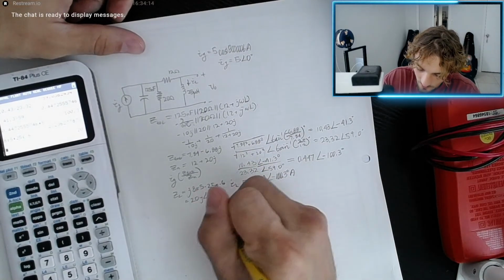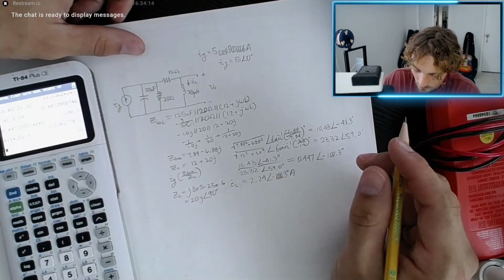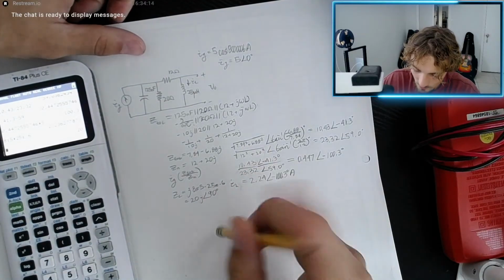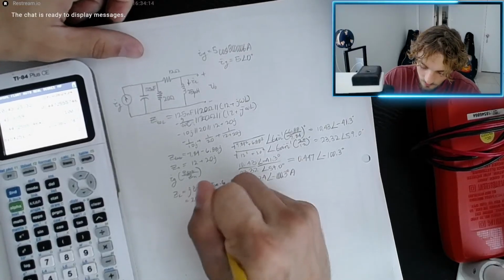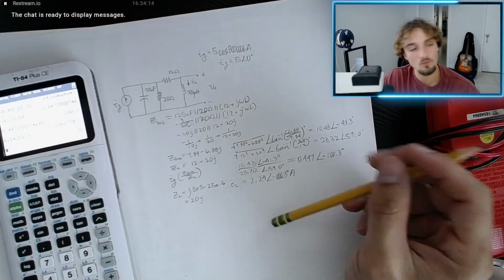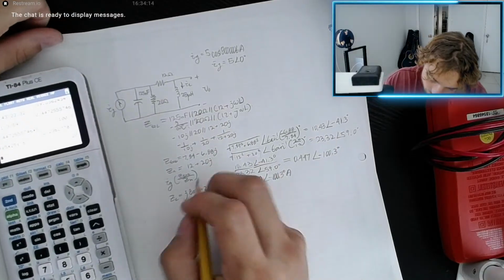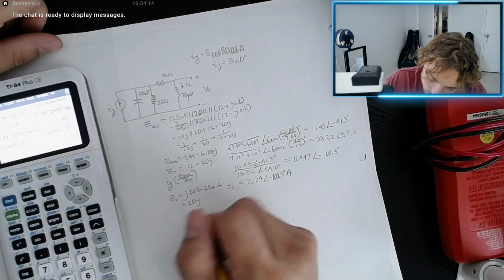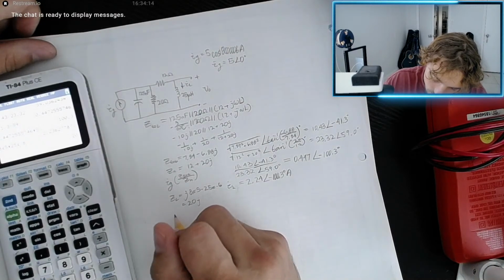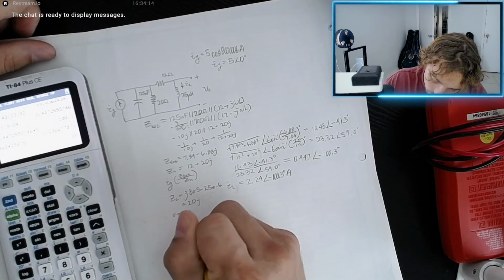And now this carries a positive 90-degree angle, does it not? But then that wouldn't be 20j, that would just be 20. Wait, so 20j in the case of, how would that work? 20j, or 0 plus 20j.